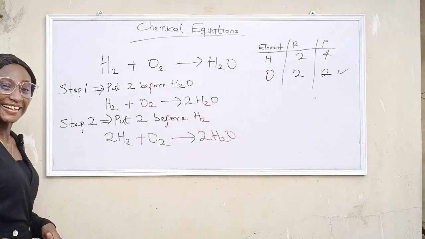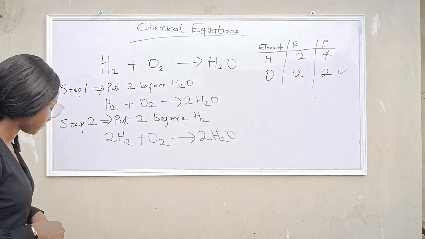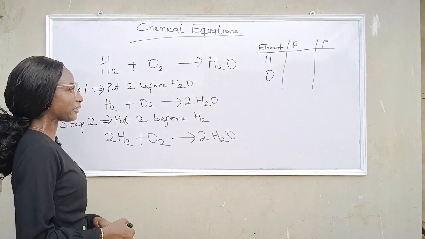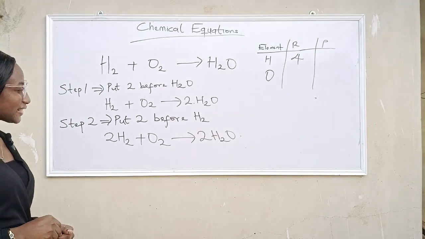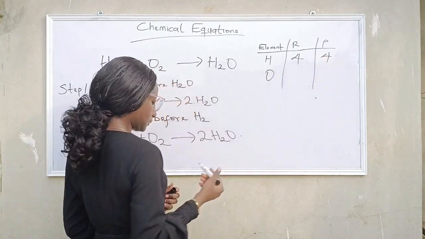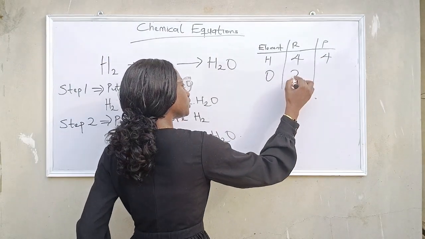All right. So let's check if we have balanced the equation or we still need to do additional steps. So we have 2 times 2, 4. For the left hand side, we have 4 hydrogen. And for the right hand side, we also have 4. 2 times 2, 4. Okay, good. For the oxygen, we have 2 on the left hand side. Good.